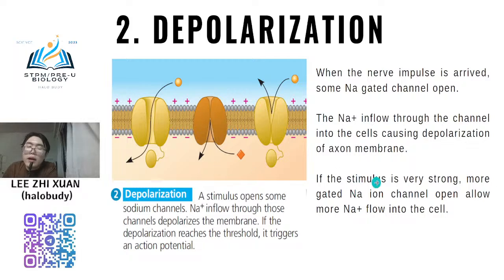But it is based on the stimulus too. If the stimulus or nerve impulse is very strong, then more gated ion channels will open. But if it is very weak or normal, only a few sodium gated channels will open. Okay, so this is what we call depolarization, meaning that the membrane potential starts to increase and the sodium voltage gated ion channels start to open.